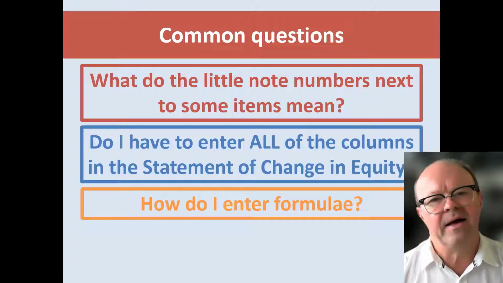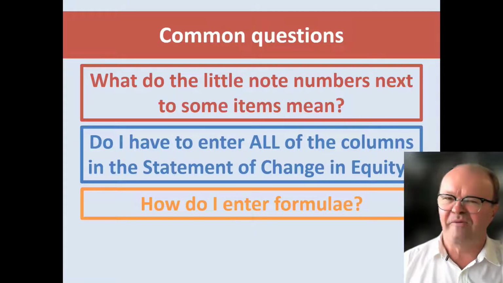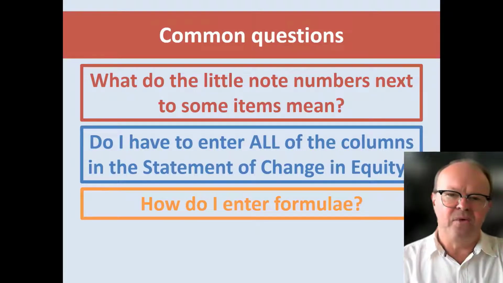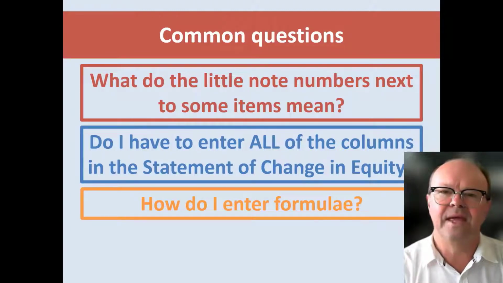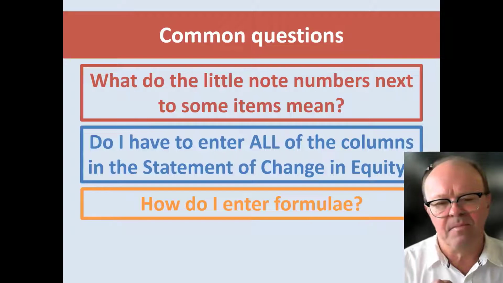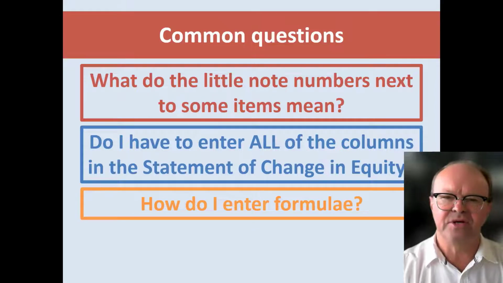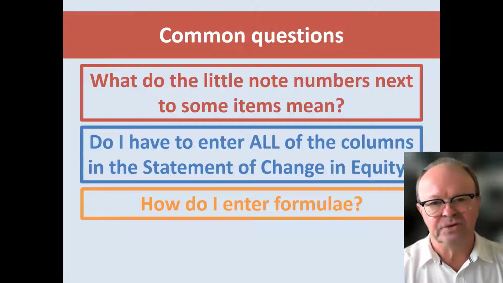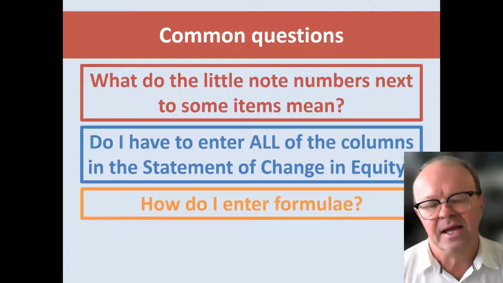Quite a lot of people have looked at Maria's video on entering financial statements, and Maria is a strong supporter of putting in the subtotals as formulas. If you do that, you put in a few items, and then instead of just copying across the subtotal number, which you could do, you can put a formula in there, and then you can check if the formula for the subtotal, say it's your profit figure, or your total assets, or your total current assets, is the same as the total in your annual report.